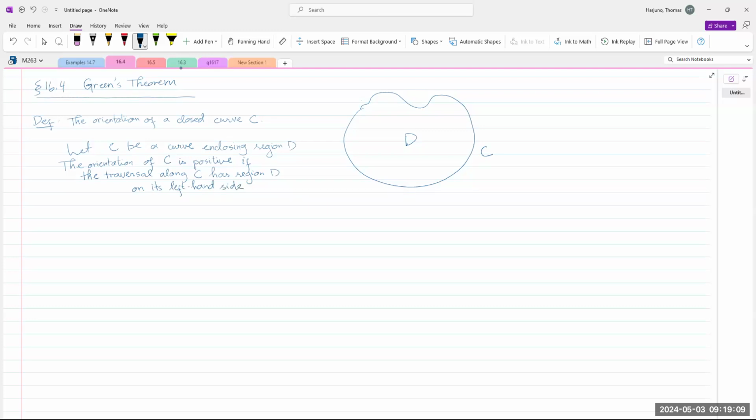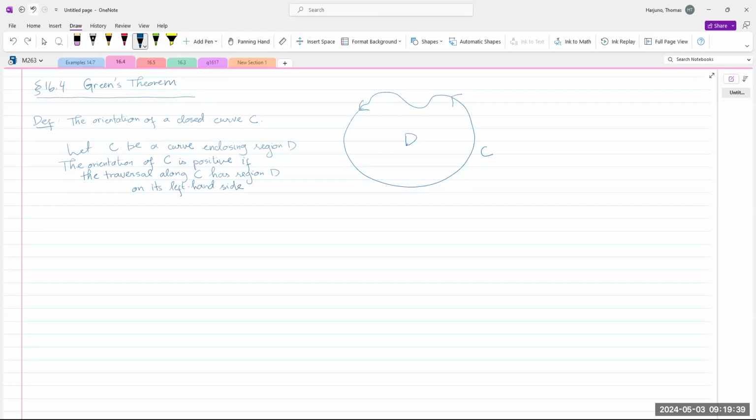Now this definition is more about convention. It's not really that it has to be like this. Let's say this curve C, and then you have D. There are two possible ways to travel along this C. One way is counterclockwise, right?